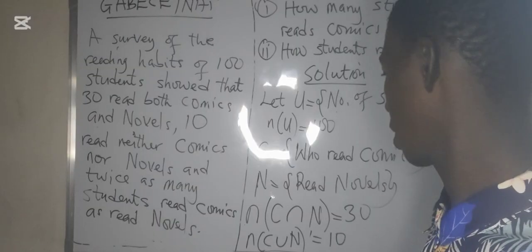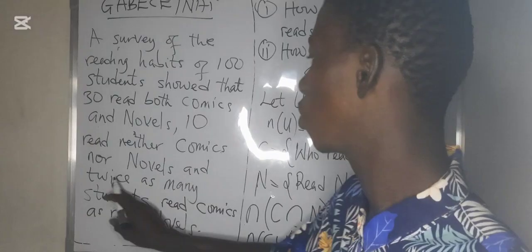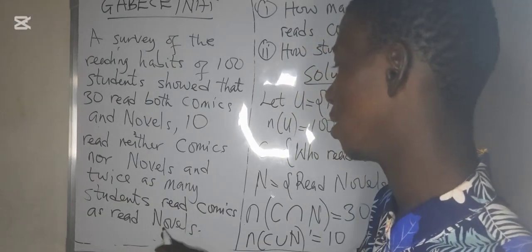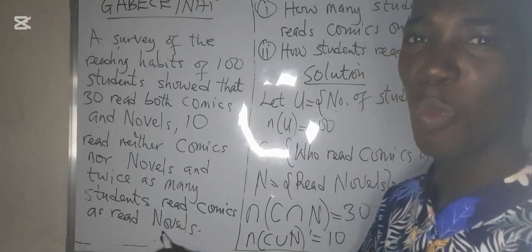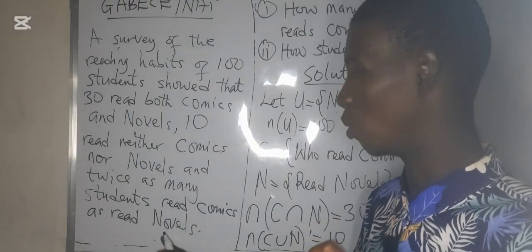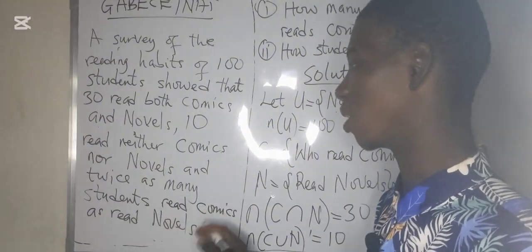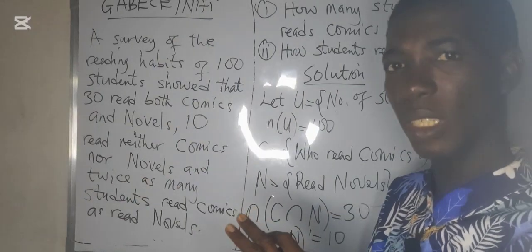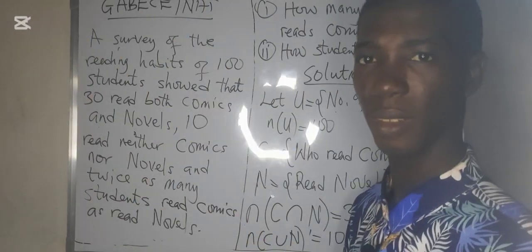Now they say twice as many students read comics as read novels. I know the mistake that they will make with this. Twice as many students read comics means twice the number of students read comics than novels.